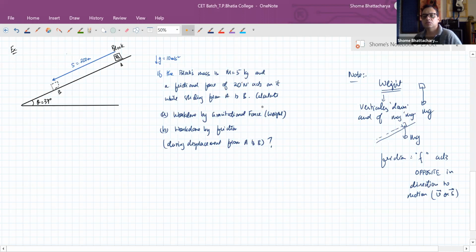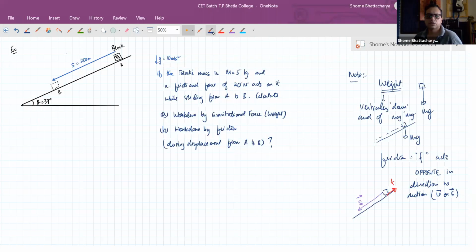So here, if the body is sliding from this point to this point, so it is having a displacement like this, then while displacing like this, friction will be acting in this direction. It will be acting opposite to the displacement at the contact point. So keep these two factors in mind when you are calculating the work done by each of these. Rest of the things are given to you in the question. So just try out this question, people.